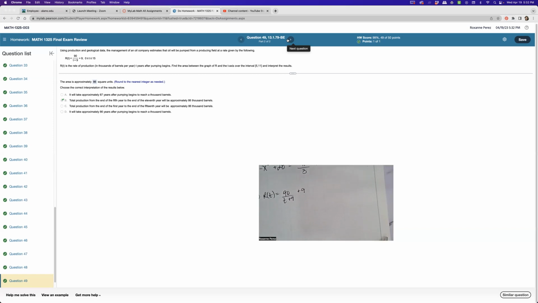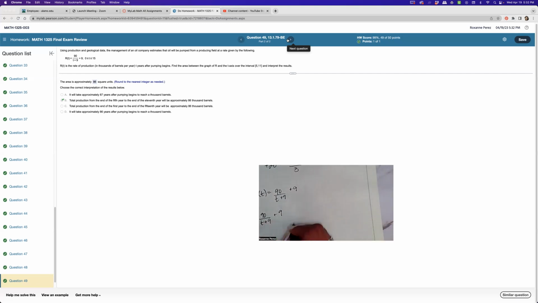Okay, so we want to find the integral from 5 to 11 of 90 over t plus 9, plus 9.